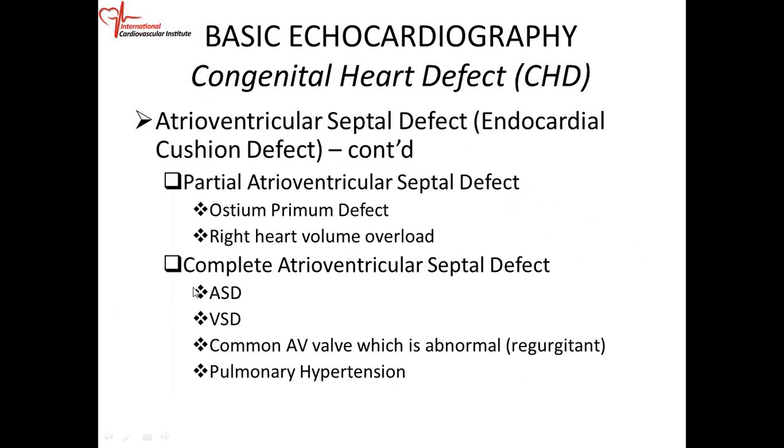So you're going to have your ASD, a VSD, and what we call a common AV valve. Okay? And in that situation, the valves are regurgitant. When you have a common AV valve, that means it's just one structure forming your tricuspid and your mitral valve.